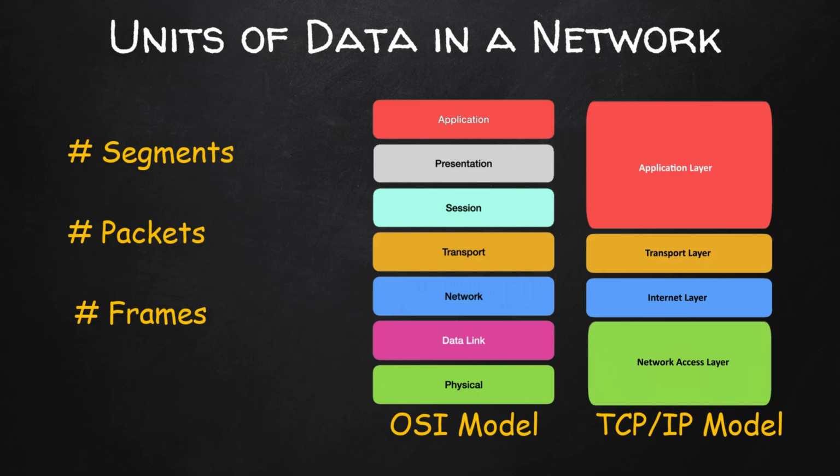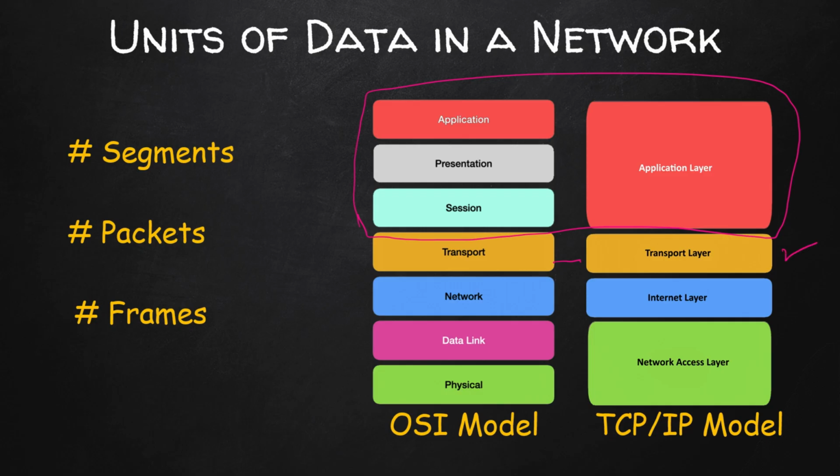For example, when the data is passing through the transport layer, it is called segments. You may be asking what the name of the data in the application layer is. The application layer in TCP/IP, or the combination of the application, presentation, and session layers in the OSI model, is considered the operating system layer, while the actual network layer starts from the transport layer.